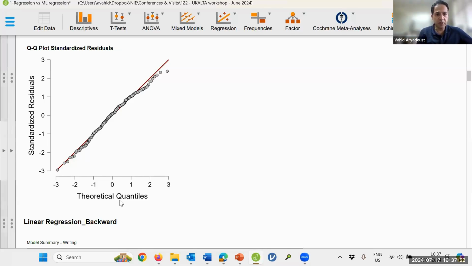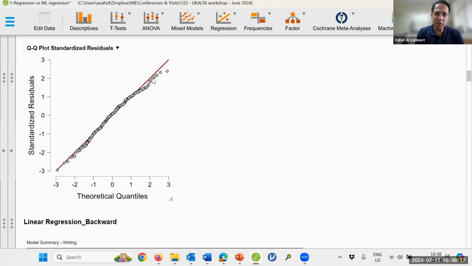So the theoretical quantile is plotted against standardized residual quantiles. So you would assume that there is a perfect correlation between the standardized residual quantiles and theoretical quantile. And that perfect correlation is represented by the line. The data should fall exactly on the line.